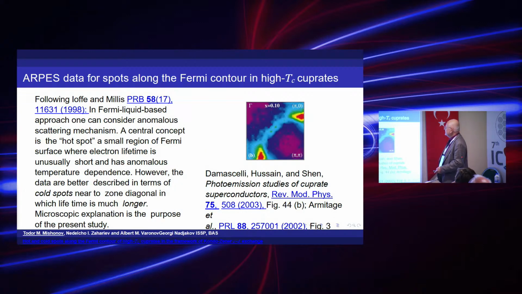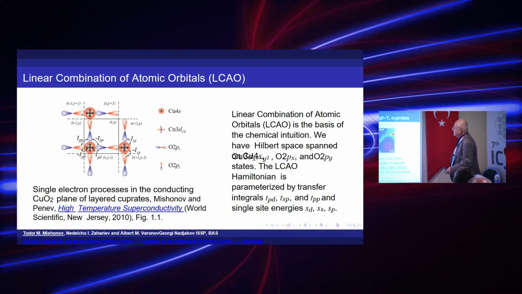Those are ARPES data for so-called hot spots along the Fermi contour, and we are trying to explain how those hot spots emerge from the standard model of the pairing mechanism.